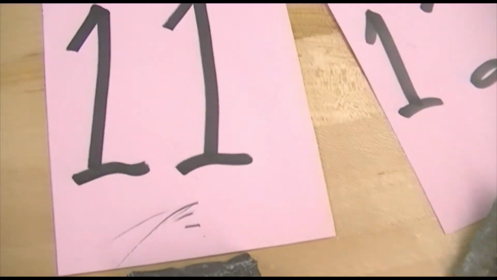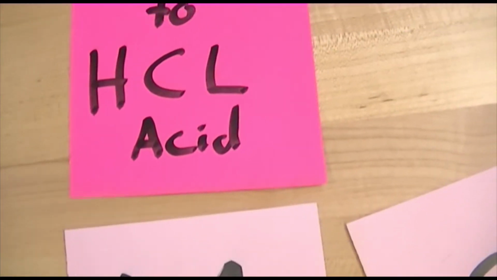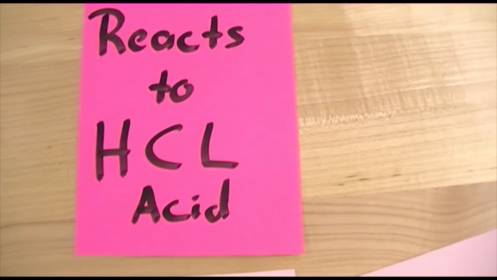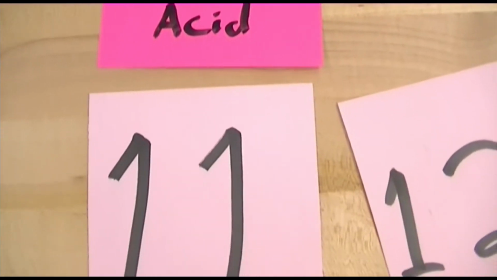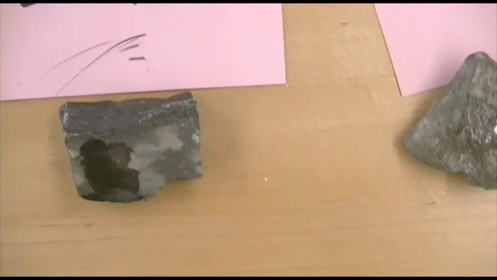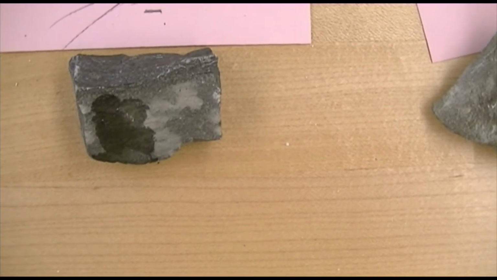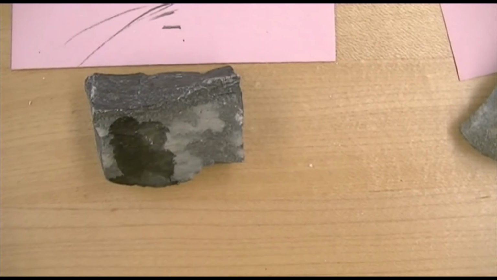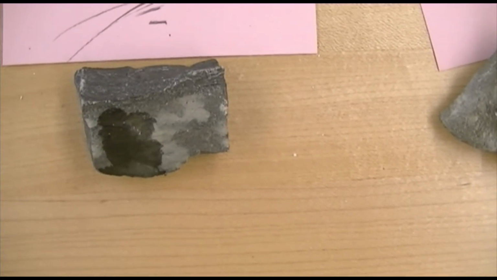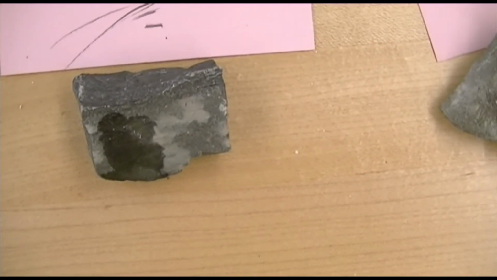So on a test situation, I will put reacts to acid so you know. So this rock reacts to acid instantaneously. Its sedimentary composition is basically limestone. Special property, reacts to acid instantly.